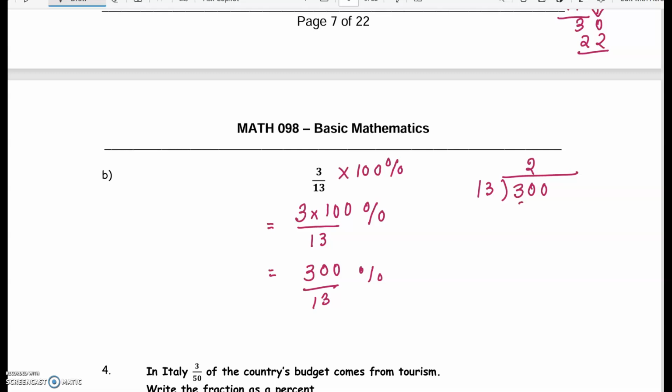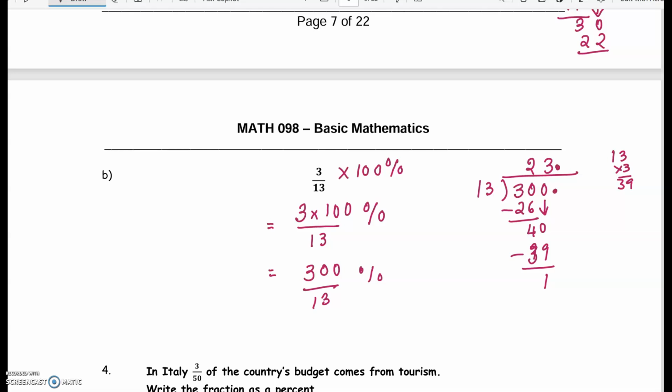13 times 2 is 26. Subtract to get a 4. Bring the 0 down. 13 times 3 is 39. 39. Subtract to get a 1. Now put your decimal point.